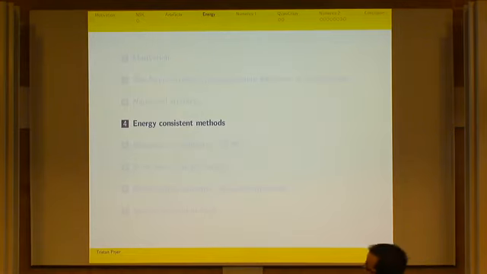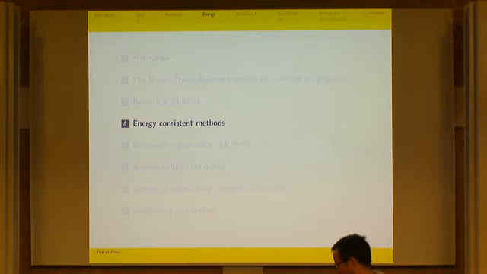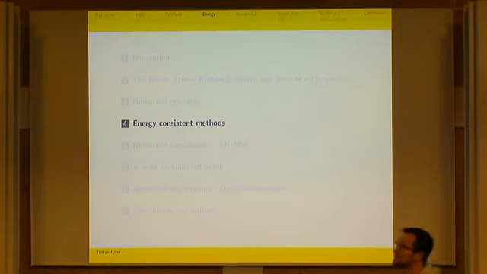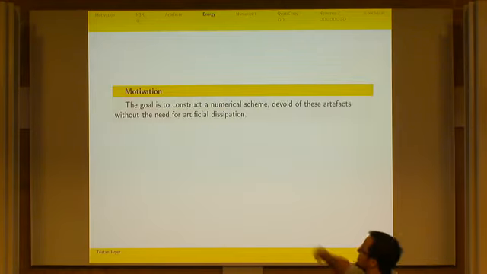So what I want to look at is, can I design schemes that satisfy these nice properties of the model? I want to construct a numerical scheme devoid of these artifacts without having to add in tons and tons of artificial diffusion.